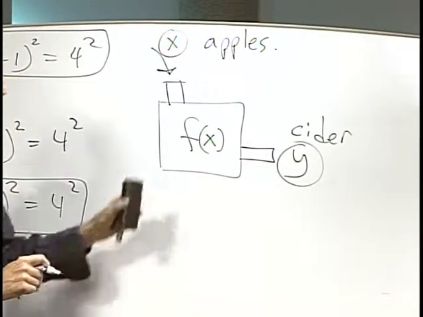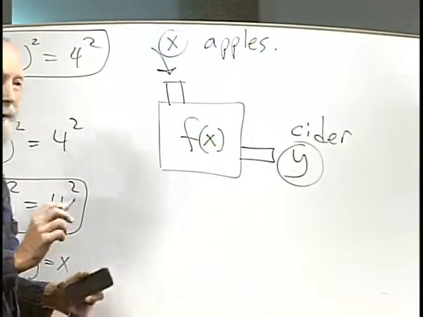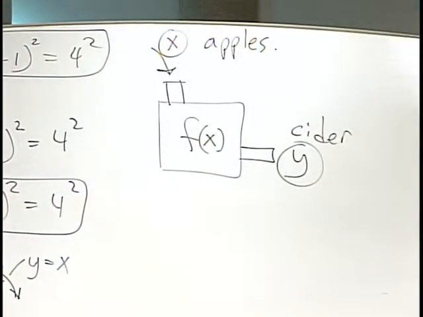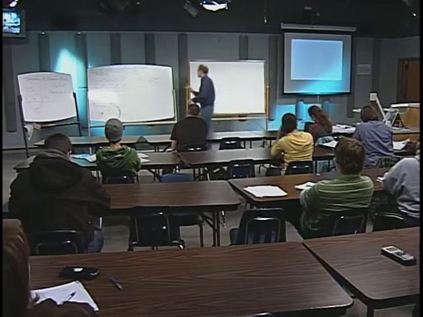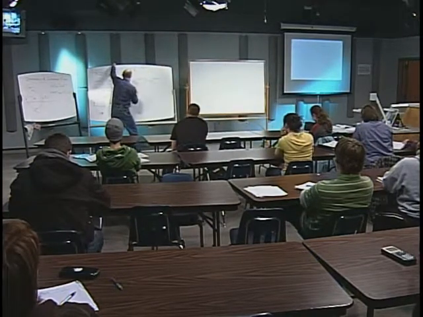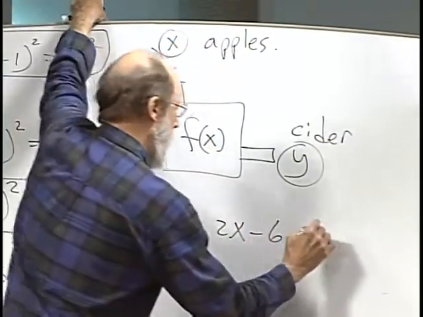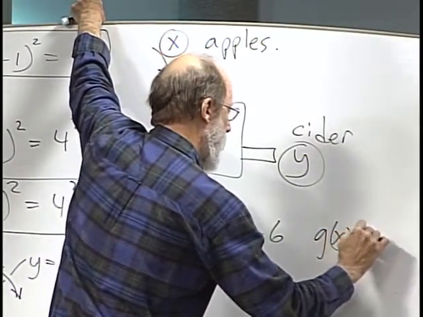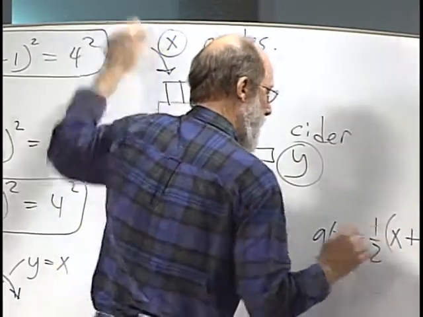Now, before I continue that story, let's take a problem that's in the book. Let's say we took a problem that's in your homework, happens to be 2x minus 6. Let's say we have a process called f of x equals 2x minus 6, and another function called g of x is 1/2 x plus 6.